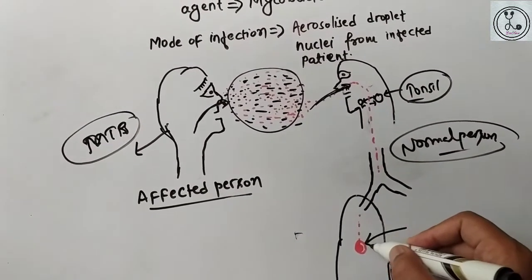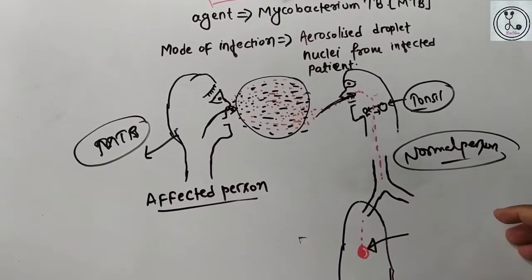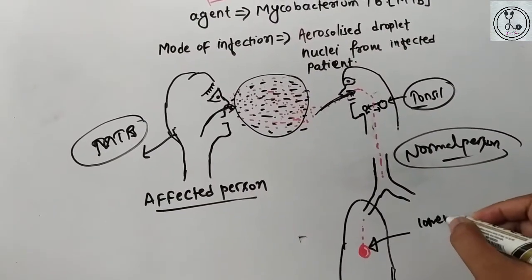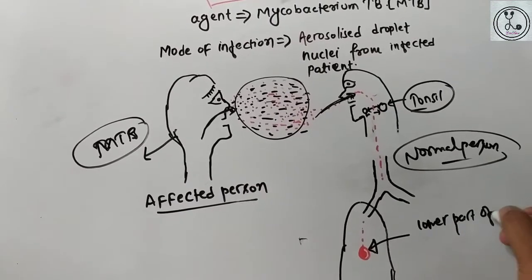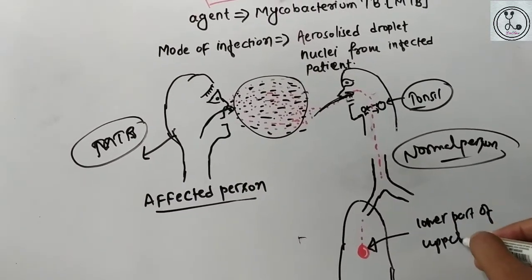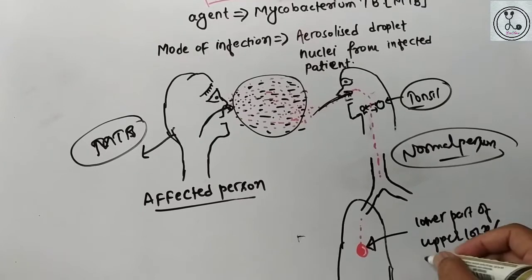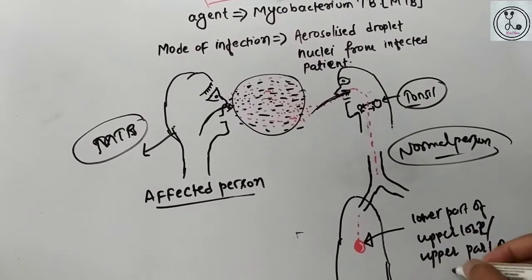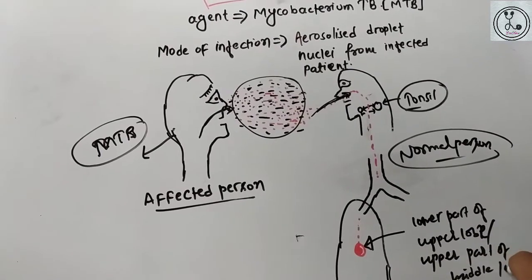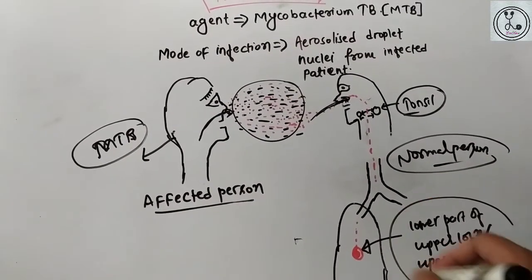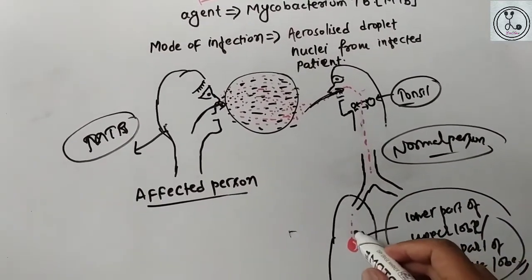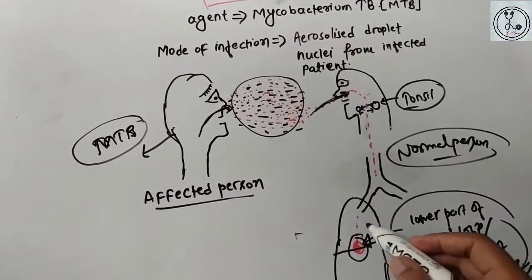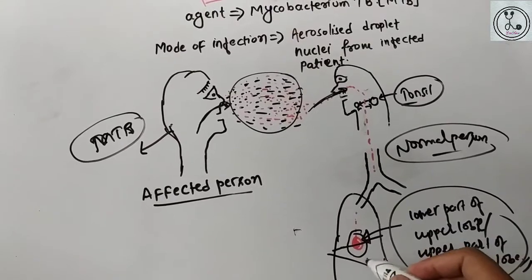The primary area where the bacteria will lodge is the lower part of the upper lobe and the upper part of the middle lobe.